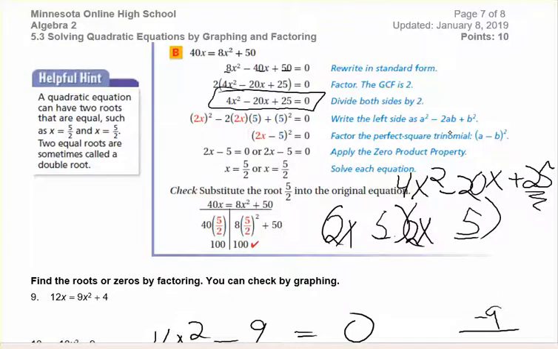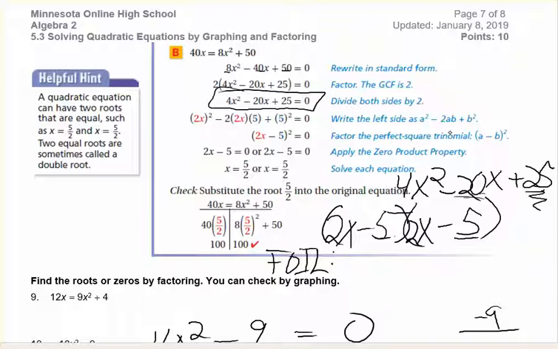Now, it's a positive 25, but a negative middle term, so I either need a positive 5 times positive 5 or a negative 5 times negative 5. And because the middle term is negative, it's probably that.